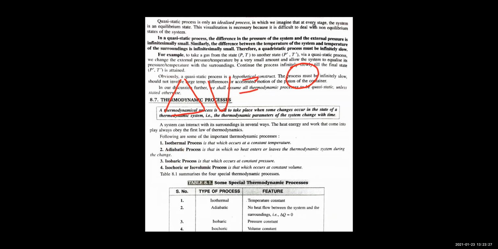We know work done is P del V, pressure into change in volume. But for isochoric process, as the change in volume is zero, work done will become zero, and hence no work is done on the system or by the system.